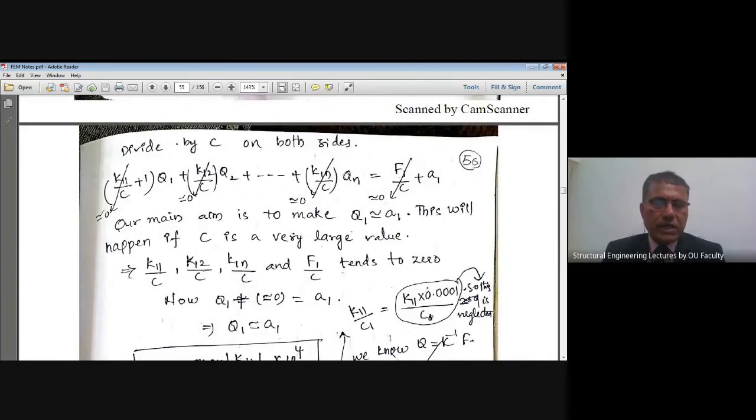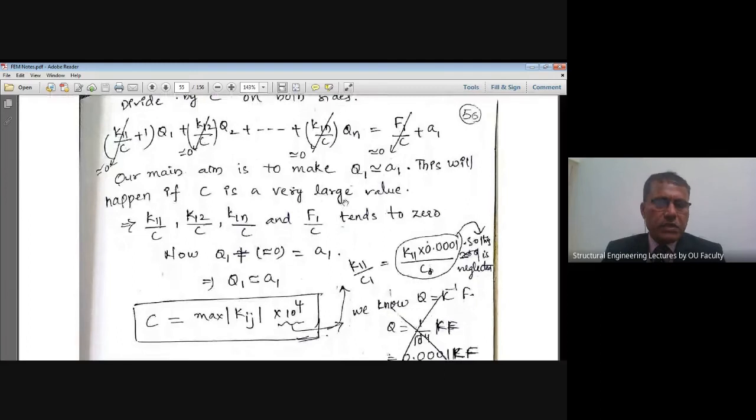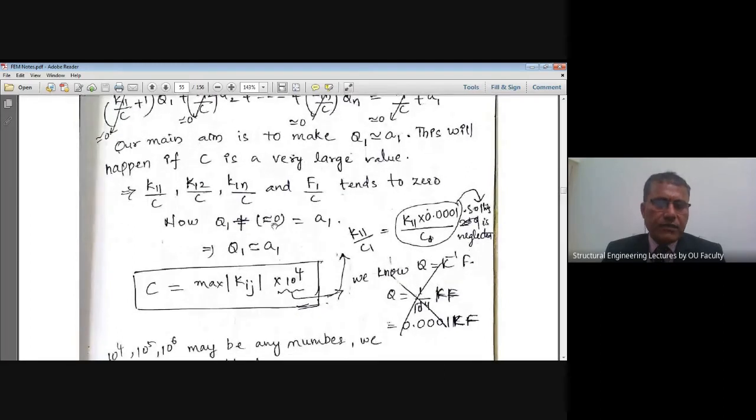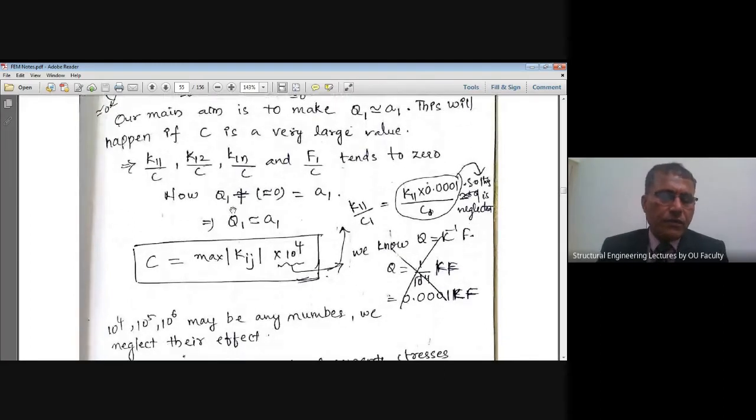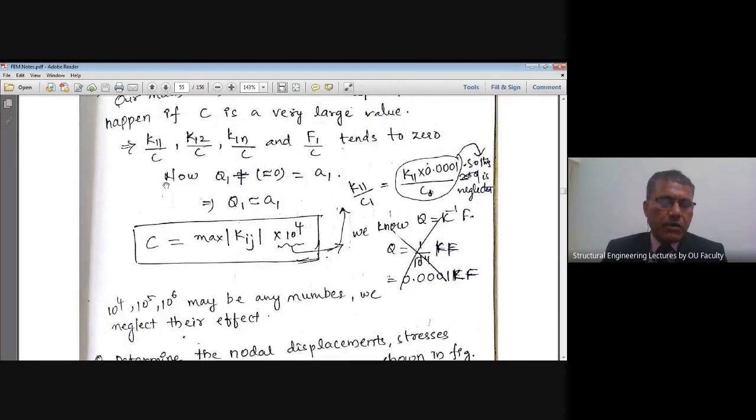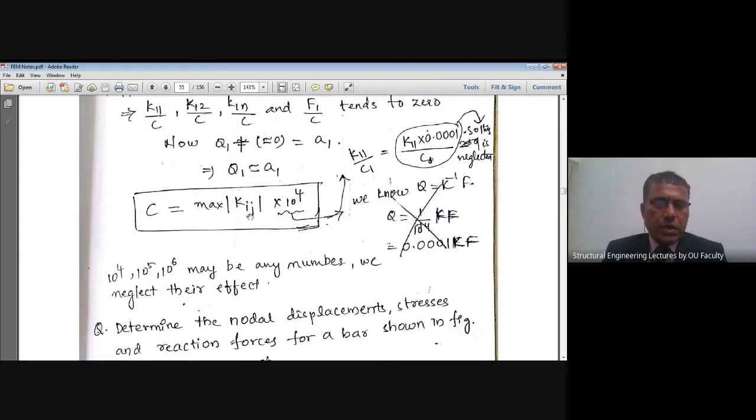Hence, if that is true, then the C value must be large enough. How large? Take the maximum coefficient among K11, K12, like that Kij, any one of these, get the maximum coefficient and multiply it by 10 to the power 4.